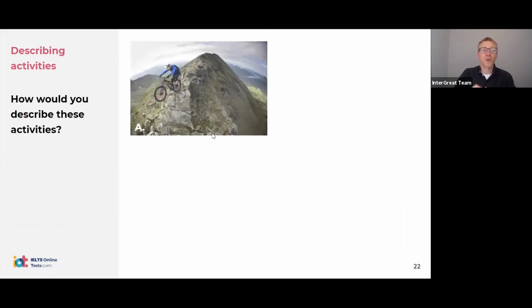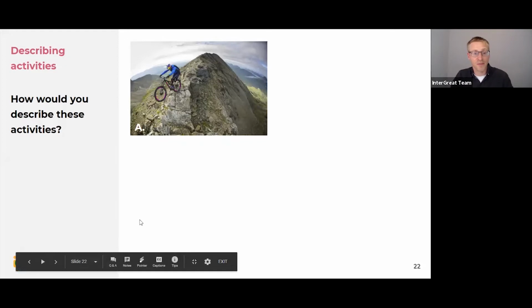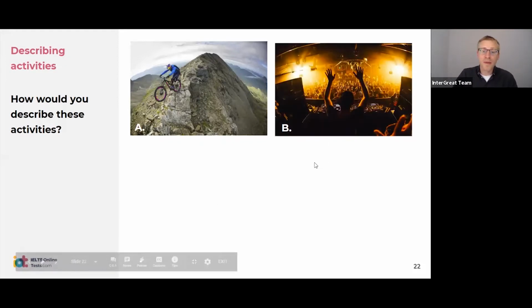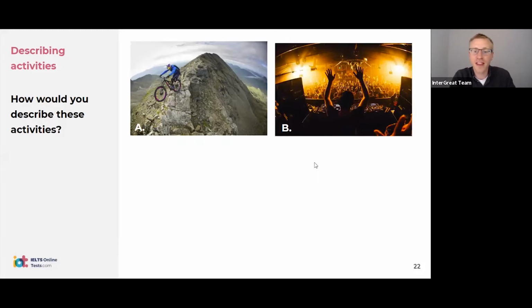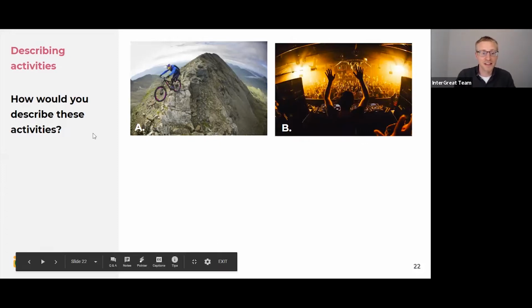So first of all, what's this activity? What can you see? It is a type of sport, an extreme sport. Yep, it's risky. Yeah, mountain biking, exactly. What about this activity? A DJ, yep, maybe clubbing, a party, yeah, at the club, exactly.